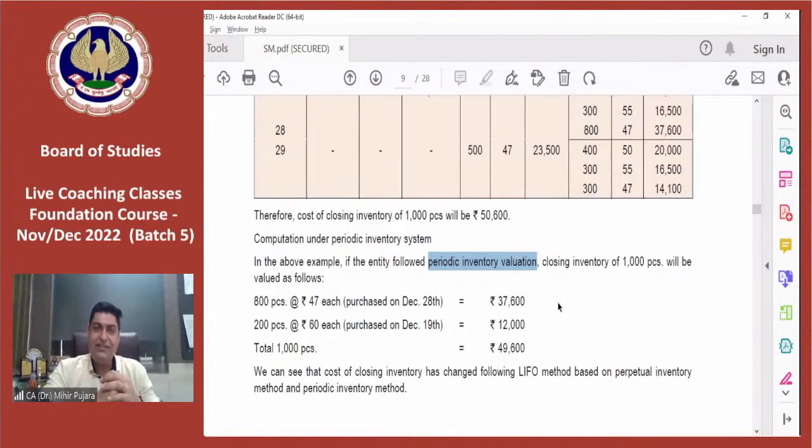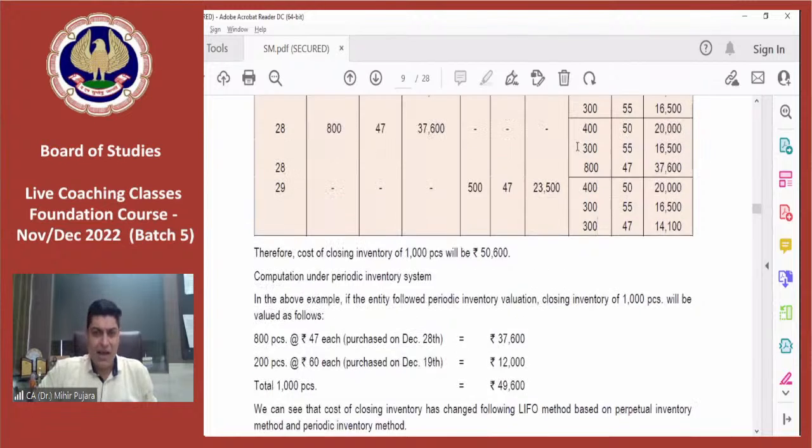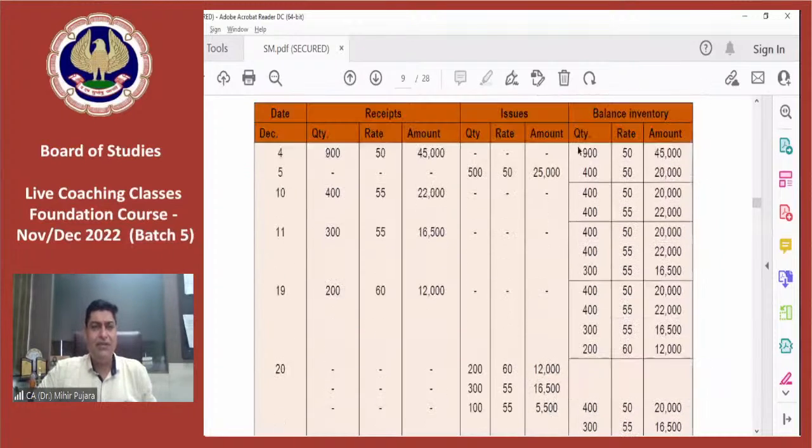Periodic means registers are not maintained. Then simply we can say, sir, my closing stock units will be 1000. It's clear. How is it 1000? I have explained to you.